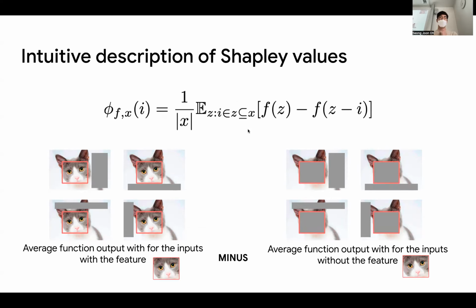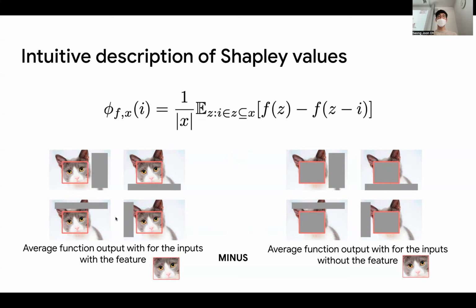And intuitively, what this is encoding is something like this for images. So let's say your I is indicating the frontal face region of your cat, right? So you have all different instances of your input image with the cat's face turned on, but with other features randomly turned off, right?